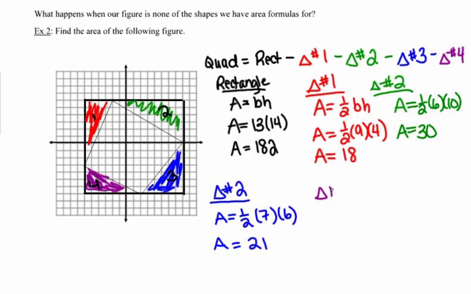And then lastly, triangle number 4, which has base and height of 8 and 4, resulting in an area of 16 square units.